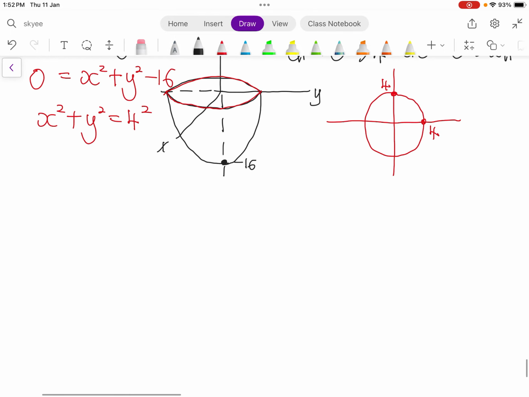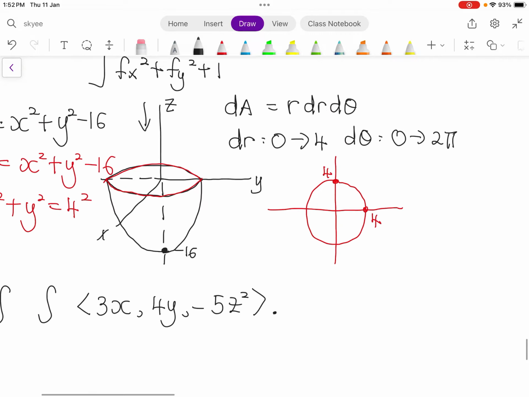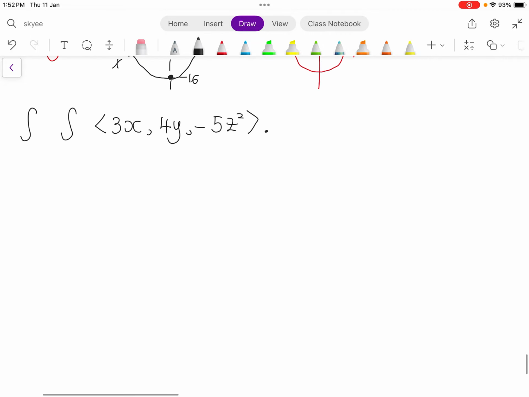Now we can put it into our function. We have a double integral. F is 3x, 4y, minus 5z squared, and I take the dot product with my n, which is negative 2x, negative 2y, plus 1.